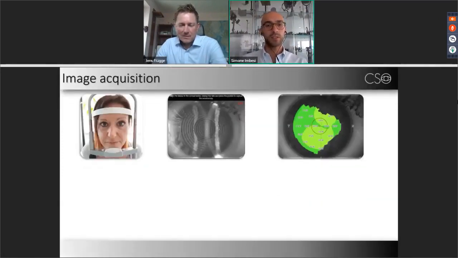Another important thing that you have to pay attention to is the coverage of the Placido disc. So the area that is covered by the reflection of the Placido disc.